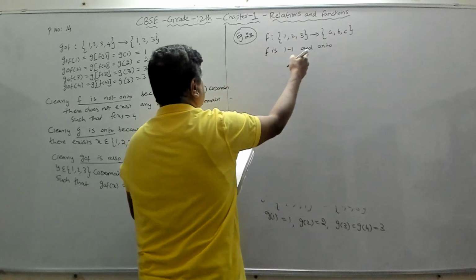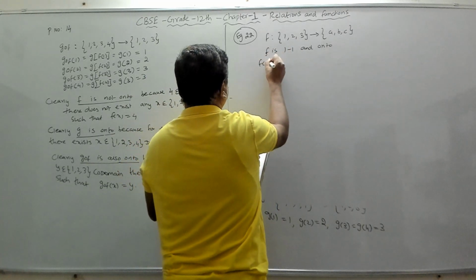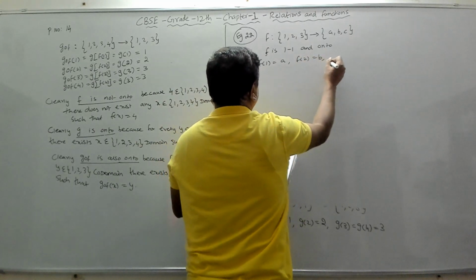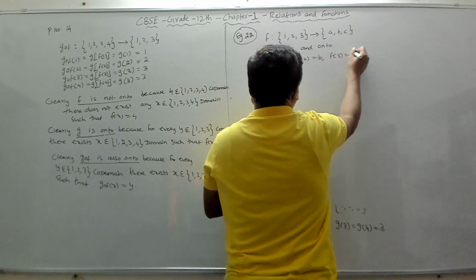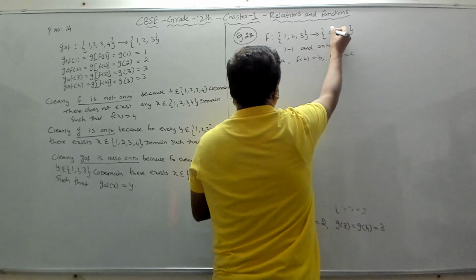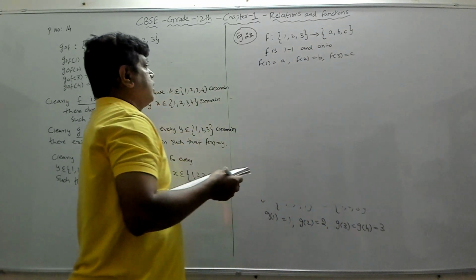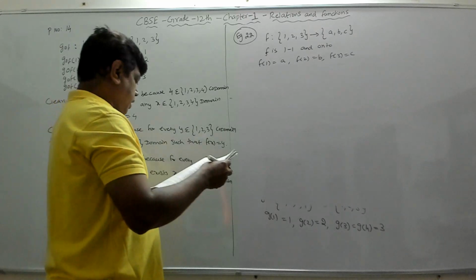The definition is f of 1 is A, f of 2 equal to B, f of 3 is equal to C, which means 1 goes to A, 2 goes to B, 3 goes to C. And that's how f is defined.